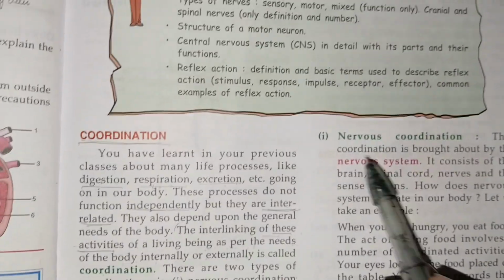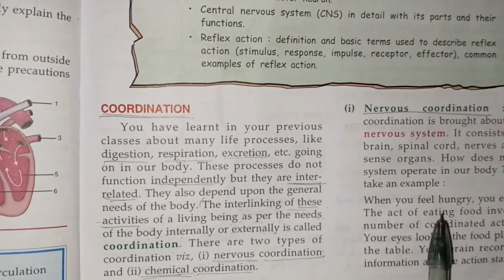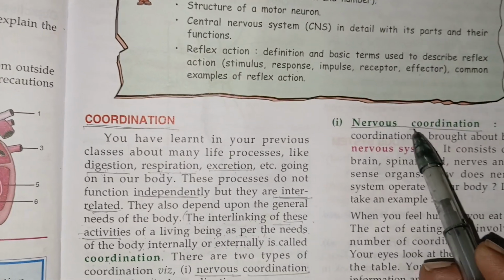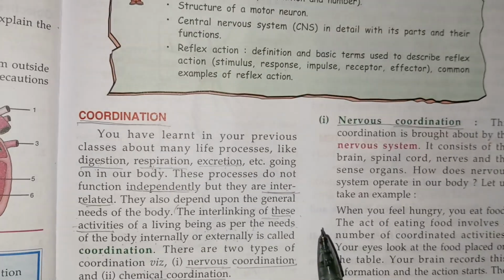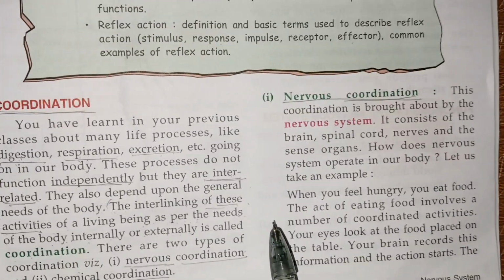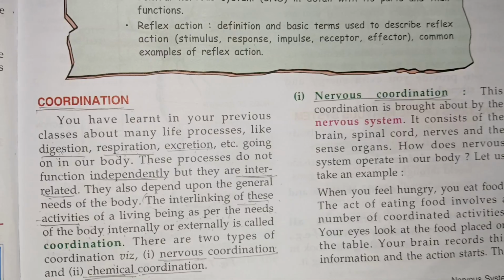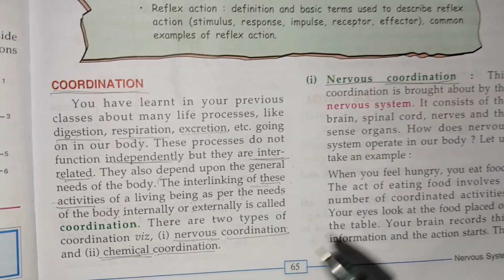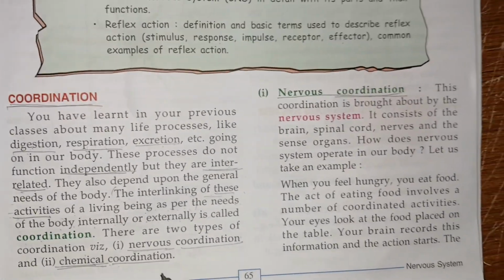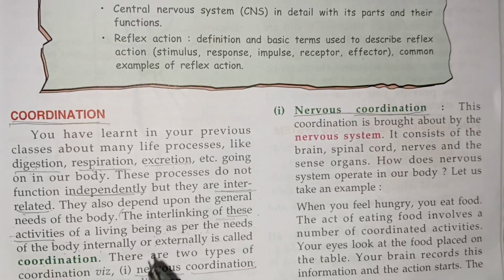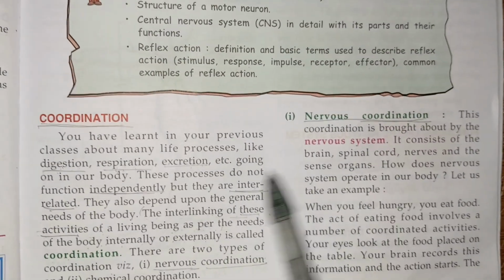Now let us start. Nervous coordination. You have to remember the meaning of coordination, interlinking of the life processes, depending on external sources as well as internal sources, based on their need. Okay, it is called coordination.